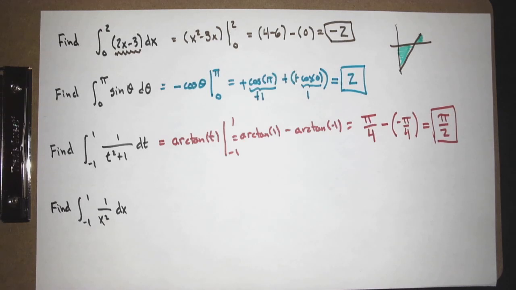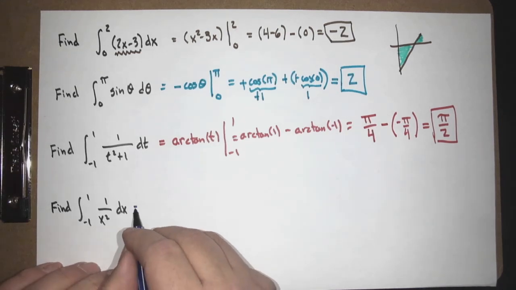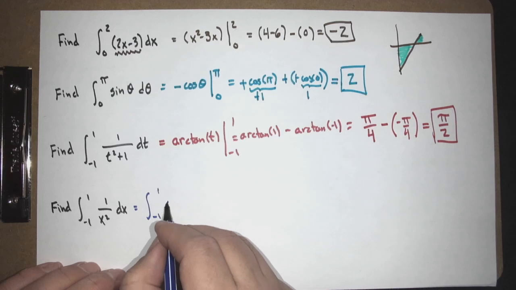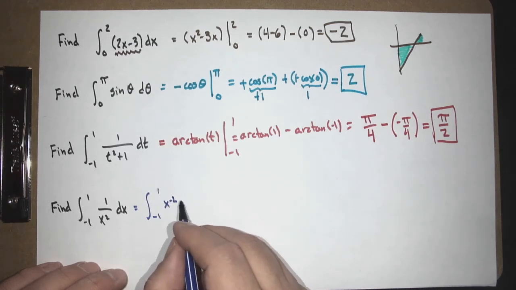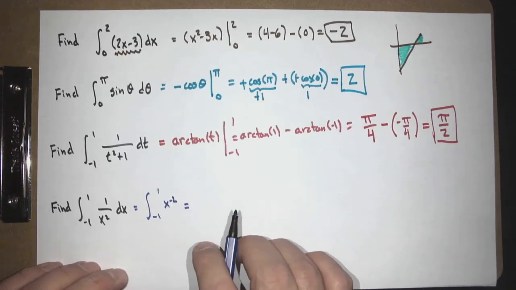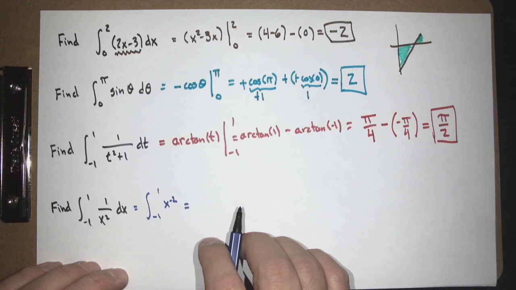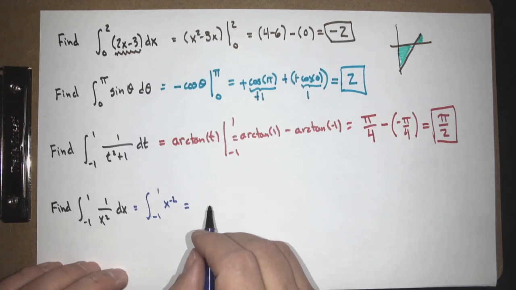All right. Our last problem, the integral from -1 to 1 of 1 over x squared dx. Well, we make this calculus friendly. X to -2. Integral of x to -2. X to what power?